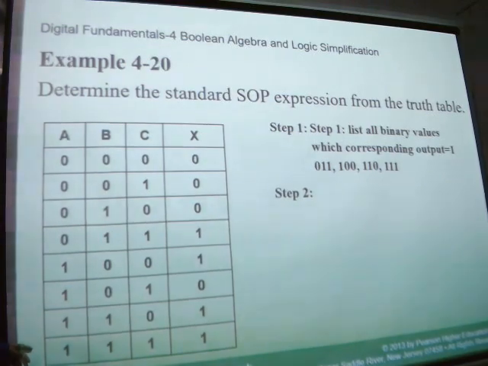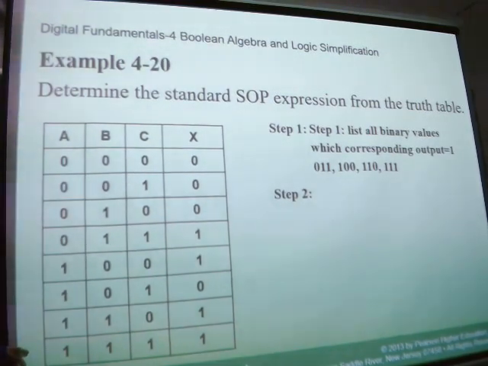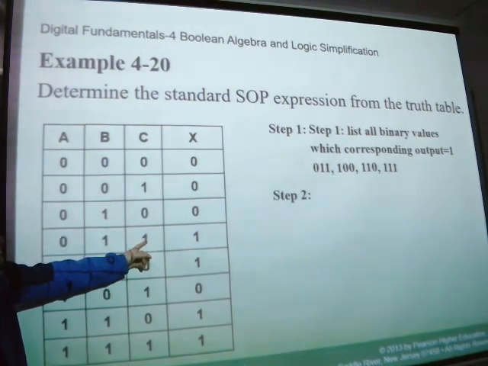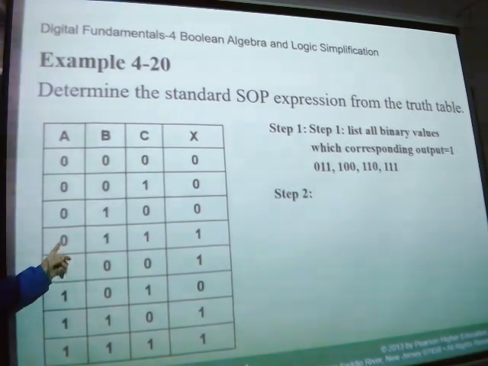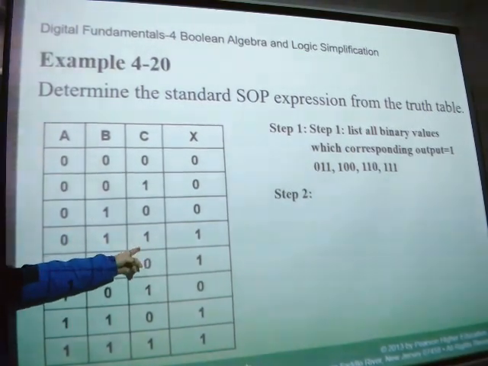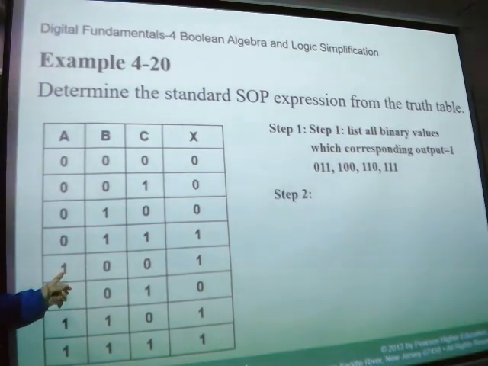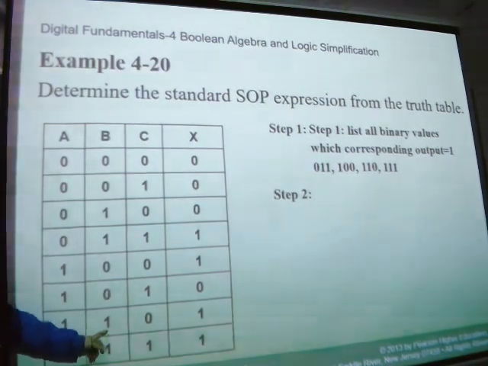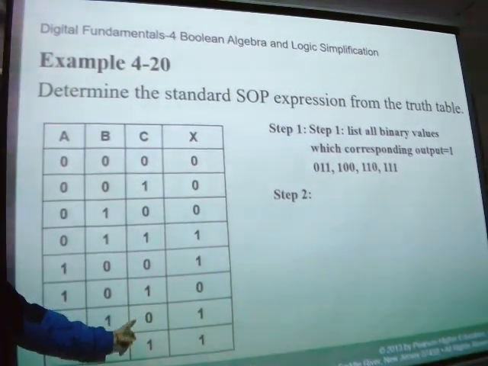Then step 2, convert to the product term. 0 1 1. The product term is A bar B C and A B bar C bar. A B C bar. Right?